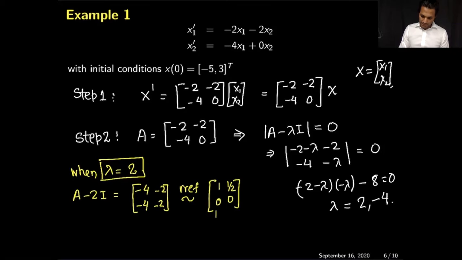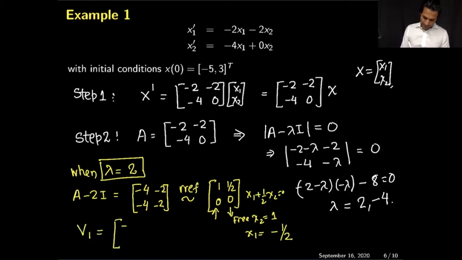As you can see, this is the pivot position and this is a free column, the free x2. I can choose x2 as 1, and then the first equation gives x1 plus 1/2 x2 equals 0. If I plug in x2 equals 1, that gives x1 equals -1/2. Therefore, my first eigenvector is x1 equals -1/2 and x2 equals 1, which corresponds to the eigenvalue lambda equals 2.